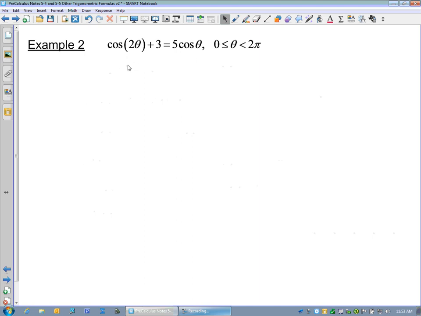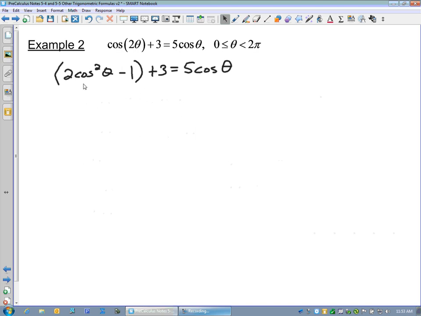So of the three choices I had for cosine of 2 theta, only one of them was solely in terms of cosine. So I'm going to choose this one. Cosine of 2 theta is equal to 2 cosine squared theta minus 1. And I make that substitution. And then the rest of the equation remains the same.